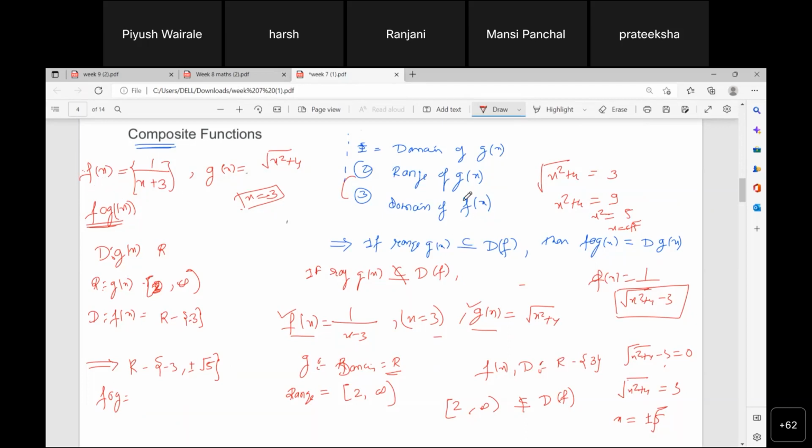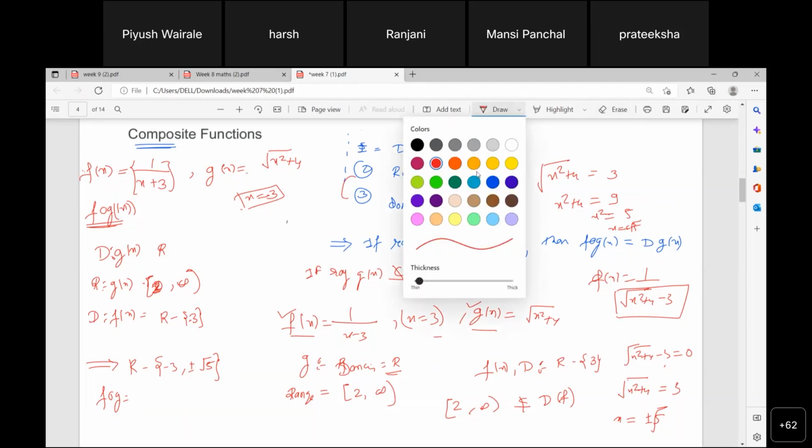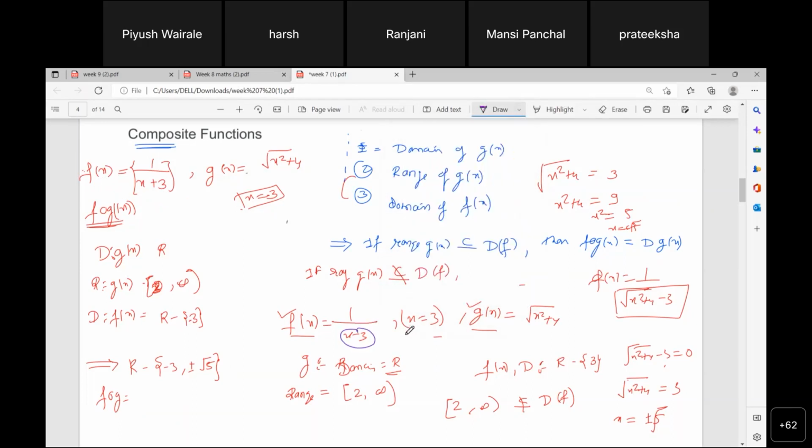This function is not defined at x equals 3. So if the value of g of x is coming 3, then in that case f of x will not be defined. Suppose x equals root 5, so I will get the square root of 5 plus 4, under root of 9, that is 3. Now this 3 will be taken as input for this function, but my function is not defined at x equals 3.